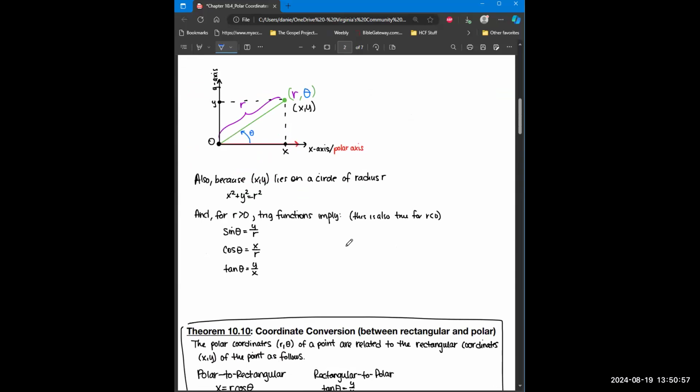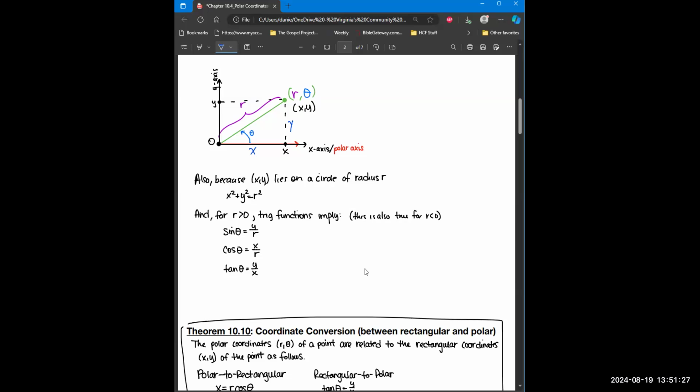All right, once again, look at this triangle x, y, and r and theta. So this is x, this is y, this is r, this is theta, and we've got this point x, y that's out here, and we have this point r, theta that's out here, and they refer to the same point in space. So here are the 4 conversions that we were talking about before.